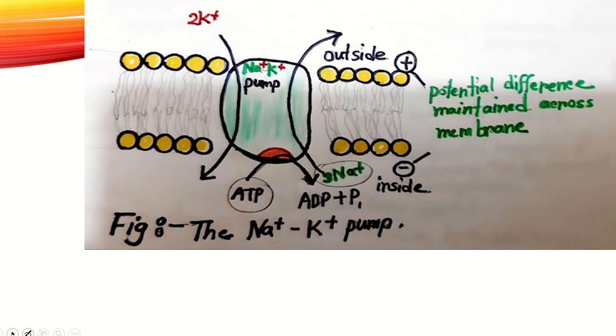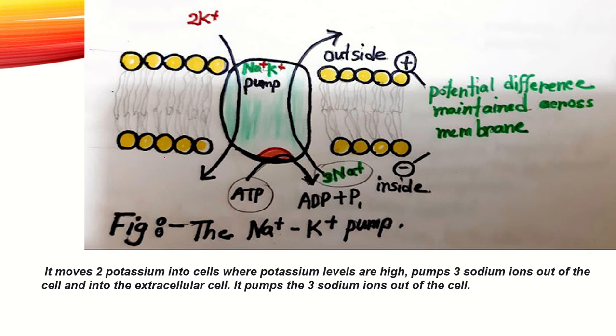Here you see the diagram. It moves 2 potassium ions into cells where potassium levels are high, and pumps 3 sodium ions outside the cell into the extracellular space.